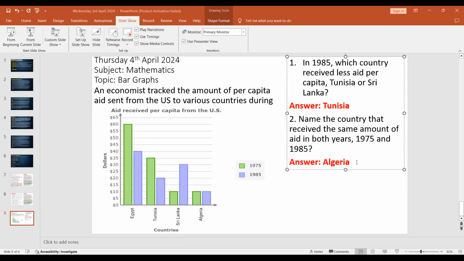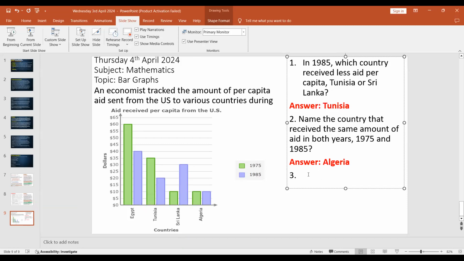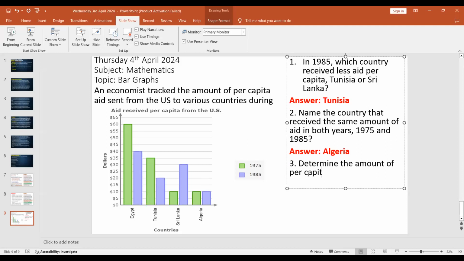Okay. Question number 3. How much money, or we could say, determine the amount of per capita aid that Egypt received in 1985.